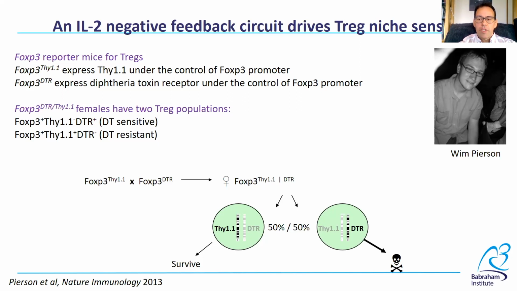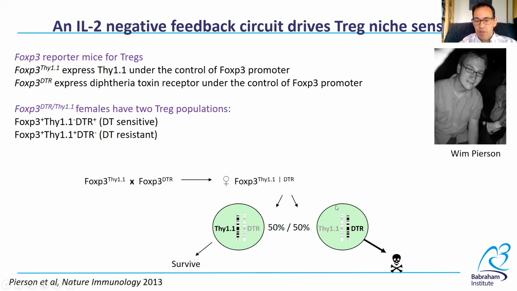Now, fortunately for us, FOXP3 is on the X chromosome. And because of X chromosome inactivation, if you're a female mouse and you have both of these reporters, you actually have two Treg populations, one expressing one reporter, one expressing the other reporter. So in a heterozygous female mouse, 50% of the Tregs will be diphtheria toxin receptor sensitive because they're expressing FOXP3 DTR.